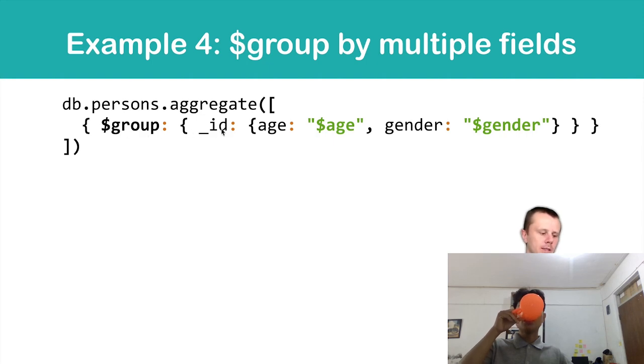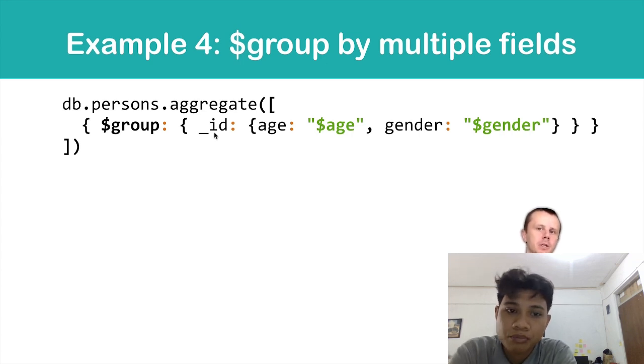Group, then object with underscore ID and its value. Value in this case will be object with 2 key value pairs. First key value pair, age and expression $age. In the results, we will get documents with 1 field underscore ID. And this field will have a nested document with 2 fields, age and gender.